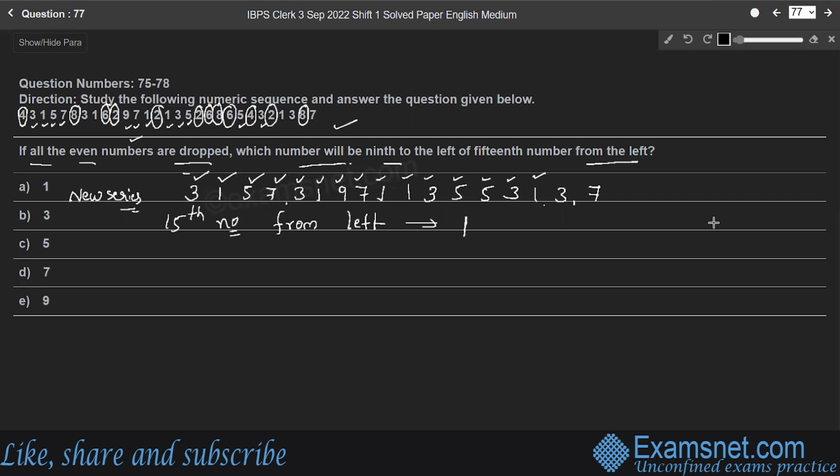And which number will be 9th to the left of 1? To the left of 1, the first number is 3, second, third, fourth, fifth, sixth, seventh, eighth, ninth. Again, the ninth number is 1 itself. Therefore, option A, 1 is the right answer.